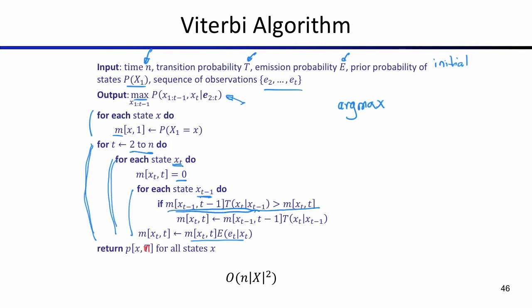So it's going to be n times the number of states times the number of states, that is n times the number of states squared. So this is the Viterbi algorithm, but there is still one piece missing, that is how we compute the argmax. But that's going to be relatively simple, given that we have this table M here that we can use in our computation.